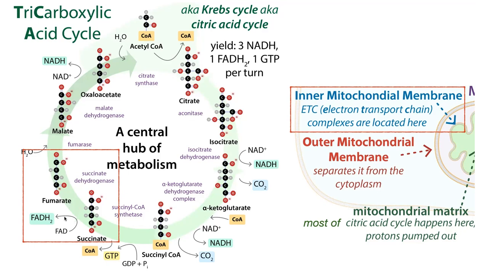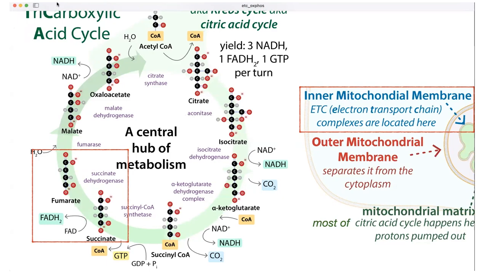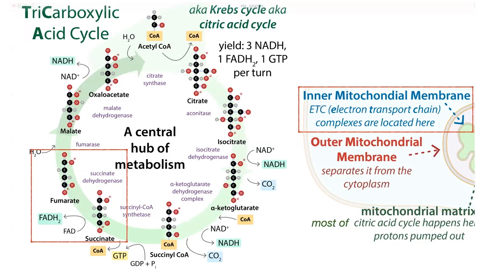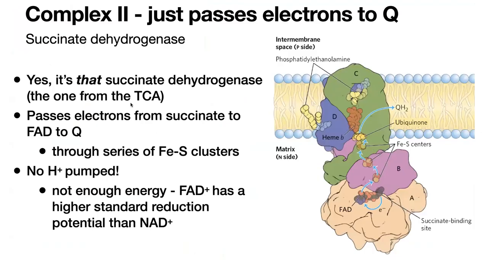This is important because that FAD, remember, that's one of our flavins, that's going to be tightly held in a protein. So if we want to use this as an electron transfer, we need the enzyme that's holding it to actually be where we need it. And so by having it embedded in this inner membrane, it's able then to directly transfer those electrons from succinate onto FAD and then onto ubiquinone, so our Q.